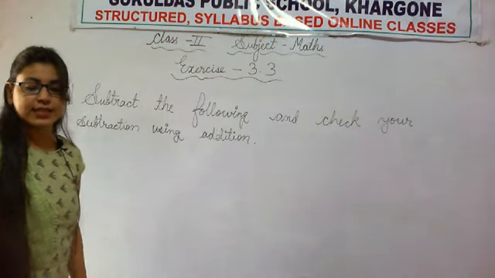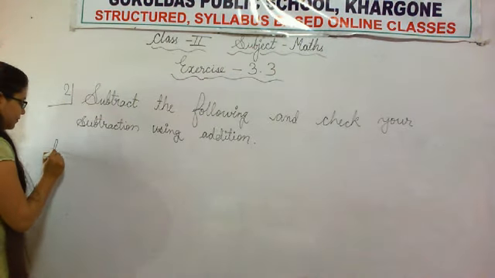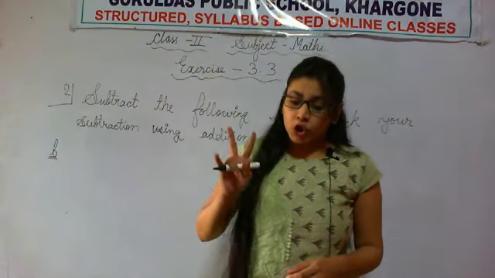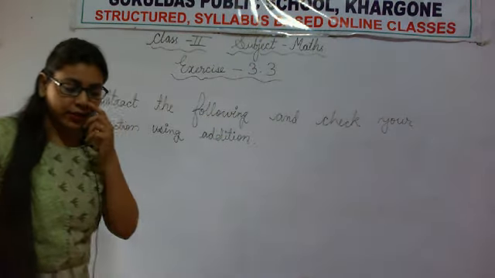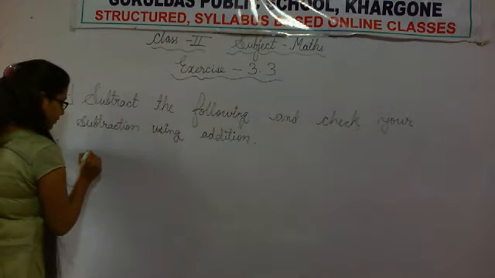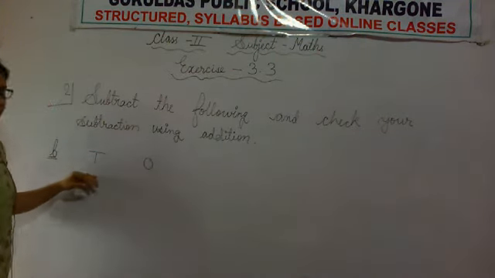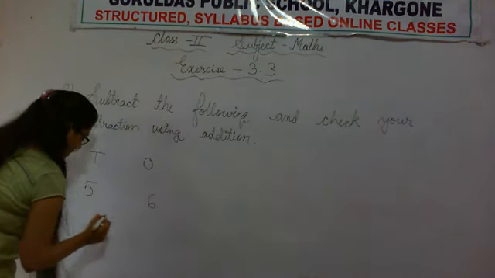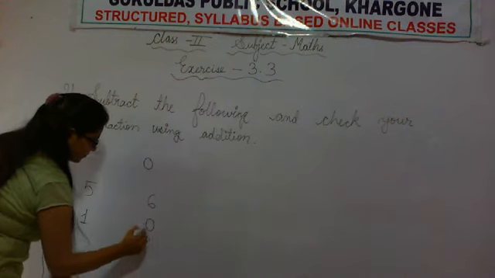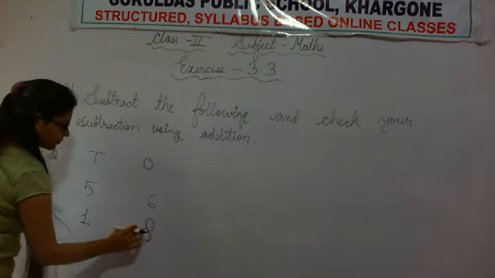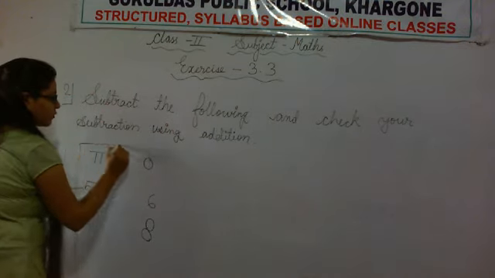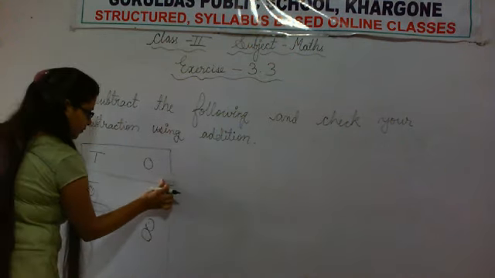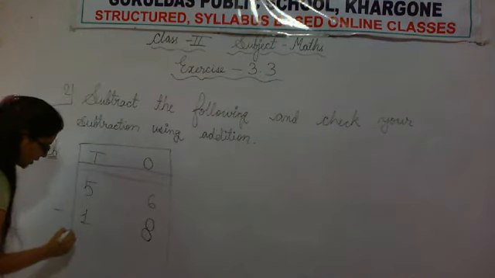Okay, now moving towards the next part, that is part B. Now again we'll make two tables. The first one is, let's write the first table: 56 minus 18. This is our question, 56 minus 18.